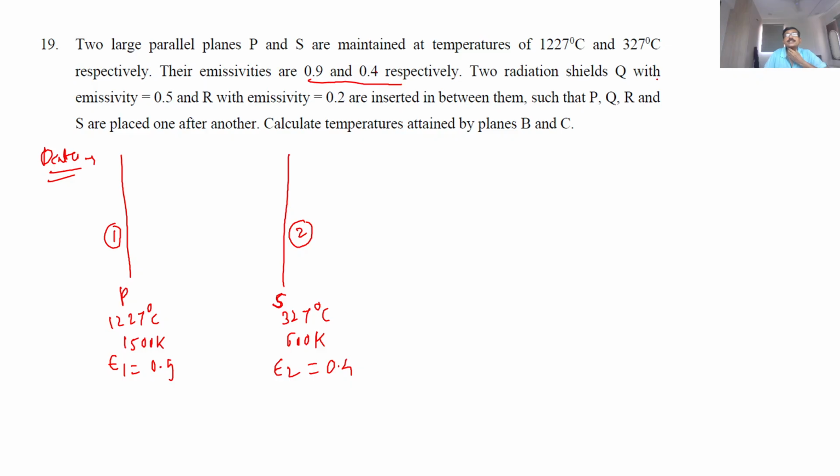Two radiation shields, Q with emissivity 0.5 and R with emissivity 0.2, are inserted in between them such that P, Q, R, S are placed one after another. What have they done?